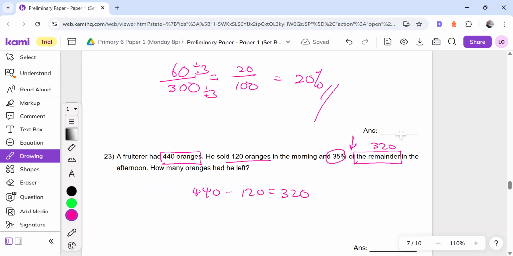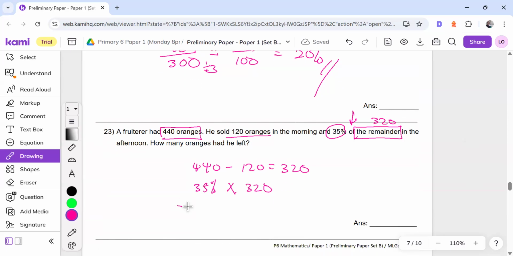Do the same for paper 2. When you see something like that, also put the number on top. And then 35% of the remainder is 35% times 320.